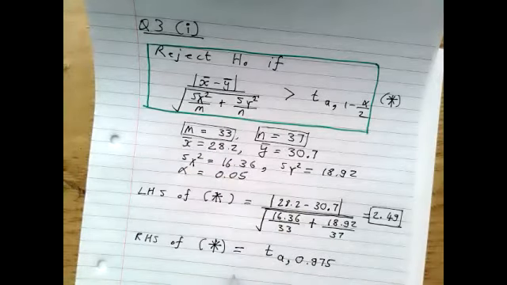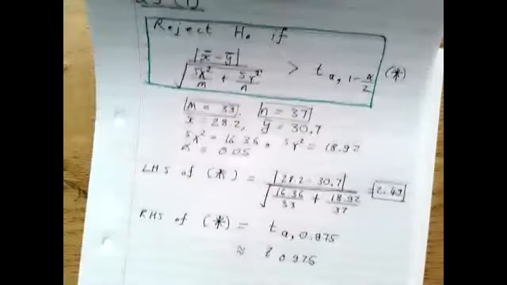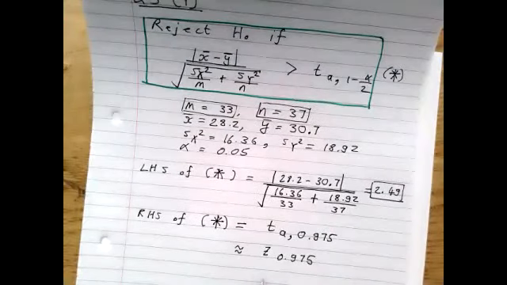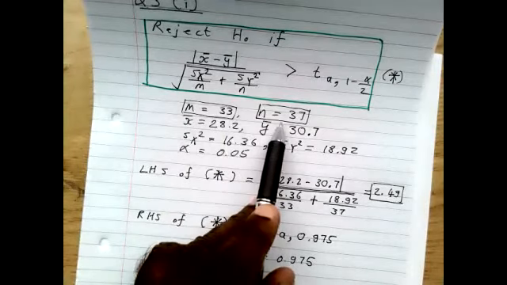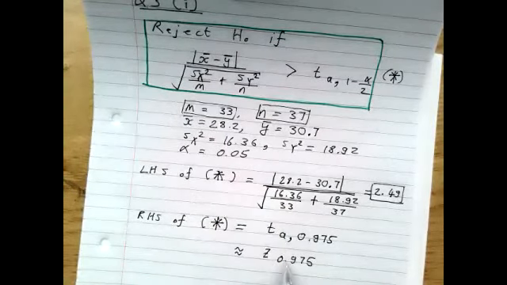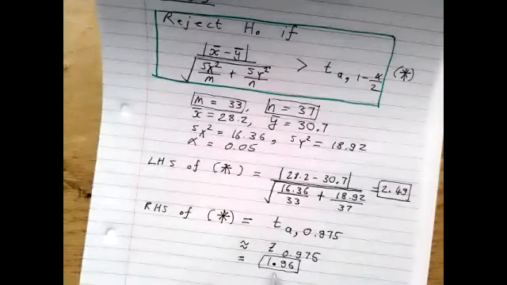So in that case, this can be approximated by the Z percentile. That's the reason for this approximation: these two sample sizes are large. And this is easy to work out using the normal table. It's very easy to find out this equals 1.96.